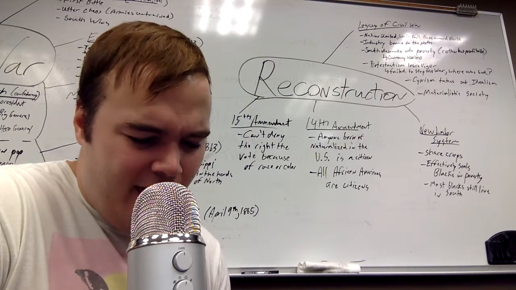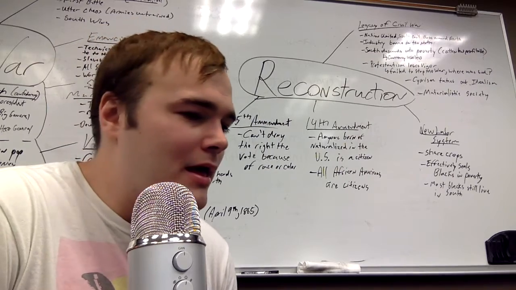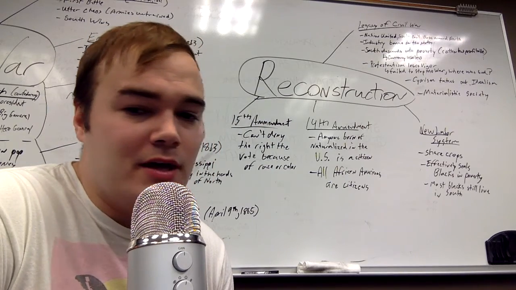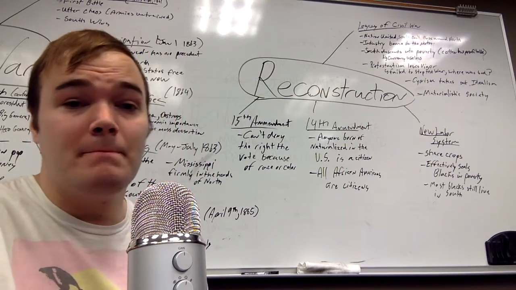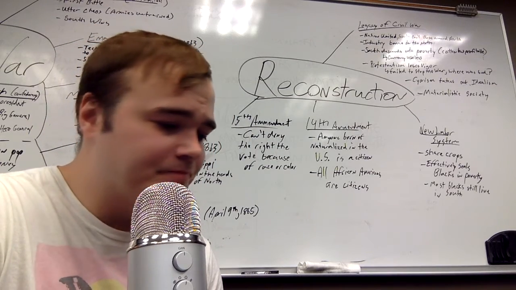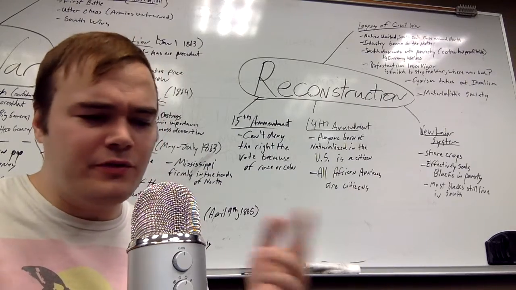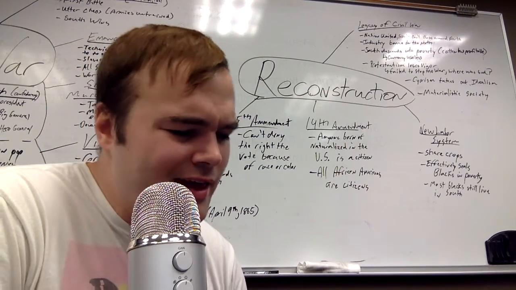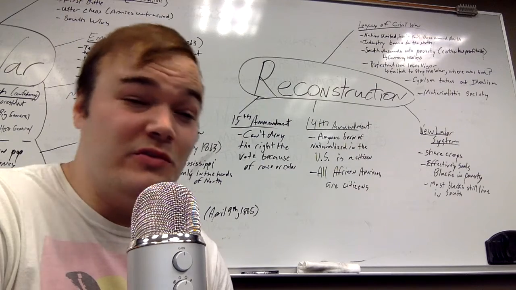This is the best the South can do, but it's going to effectively make black people stuck in poverty. They will be forever in debt to the landowners who they're doing this tenancy with, this sharecropping with, and they'll never really be able to escape it.